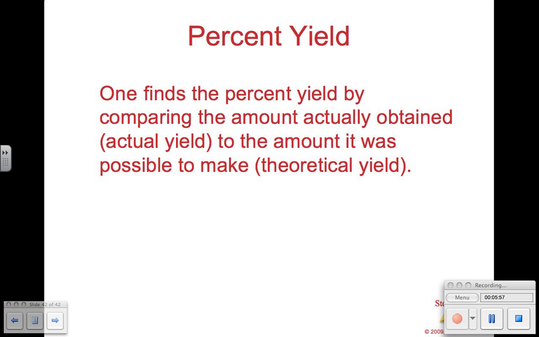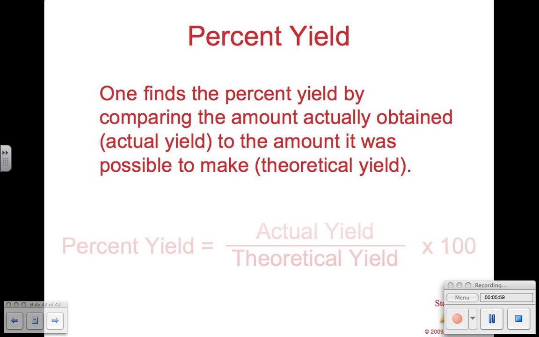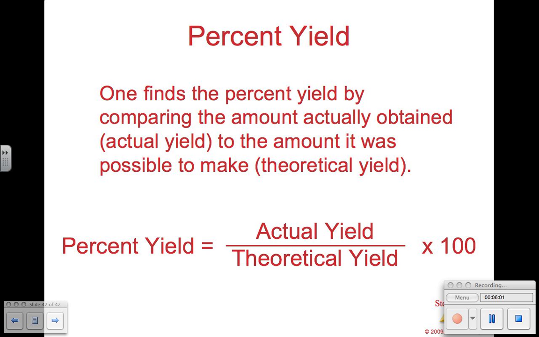So with percentage yield, you find the yield based on your actual versus your theoretical yields. It's just taking actual yield, divided by theoretical yield, multiplying it by 100, and that gives you your percentage yield. So how close to the theoretical yield did you get?